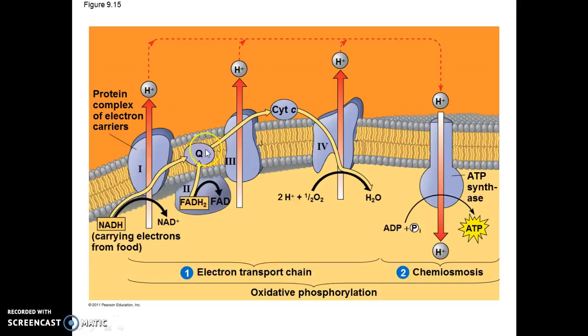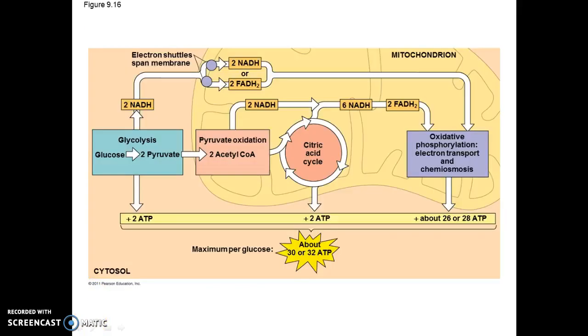So bouncing down the electron transport chain, building up a proton gradient, and allowing those protons to diffuse back through, using that gradient to perform some cellular work or produce ATP is referred to as chemiosmosis or even proton motive force.